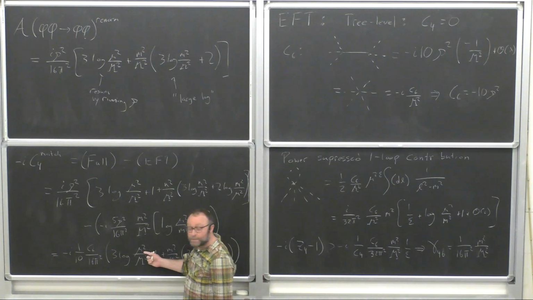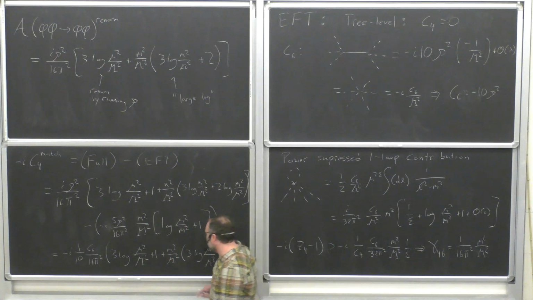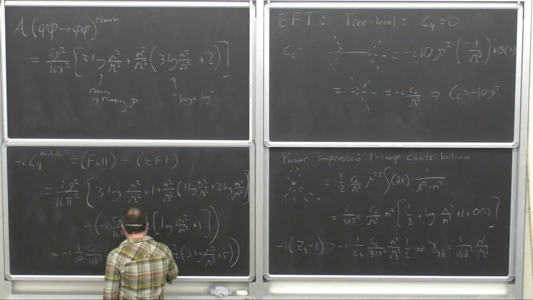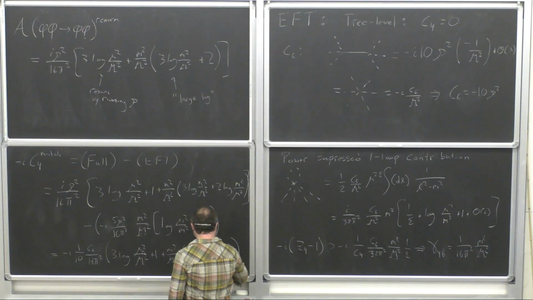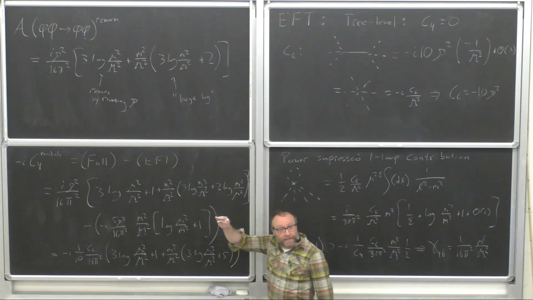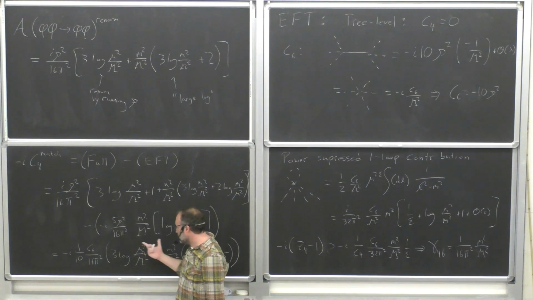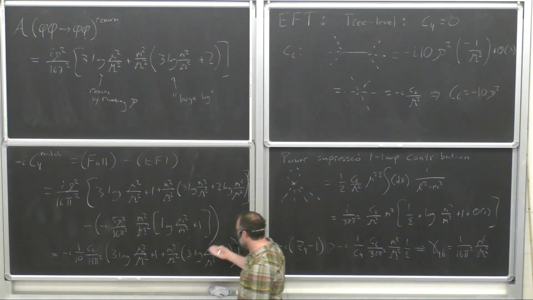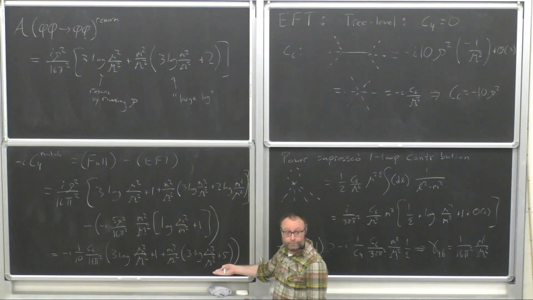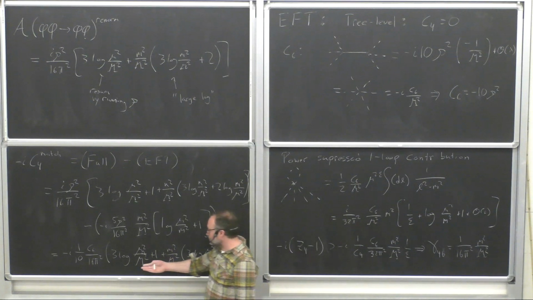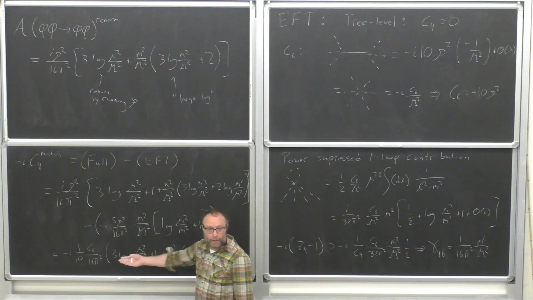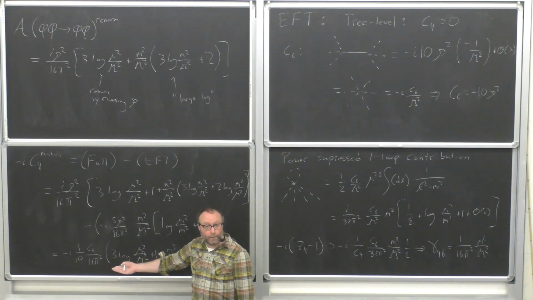So I interpret this mu that appears here like we did yesterday. This is mu sub match, right? I'm computing this at the matching scale. And now I can take mu sub match of order capital M, and I can make these logs small, right? And I get some just simple loop correction at the matching scale, okay?